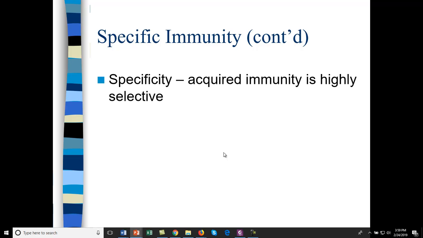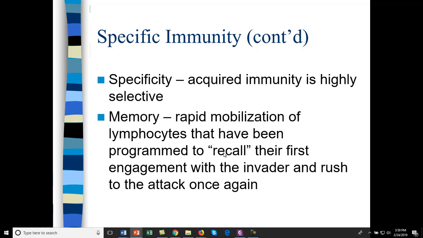And when you have specificity, not only do you have specific immunity to that particular pathogen, but you also have specificity to the antigen on that pathogen. So your immune response is based on what antigens have been seen previously. Okay, you also have memory.